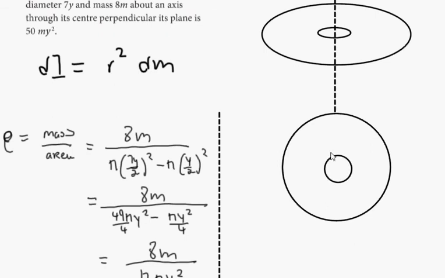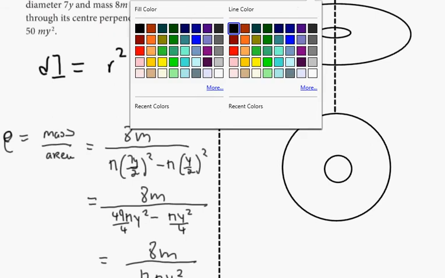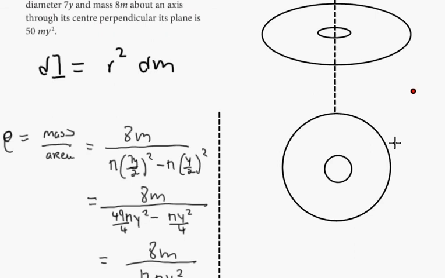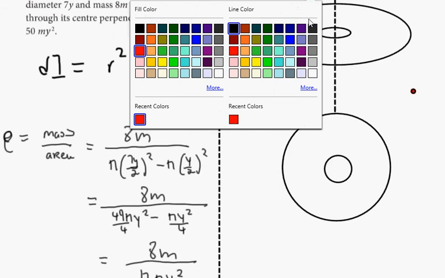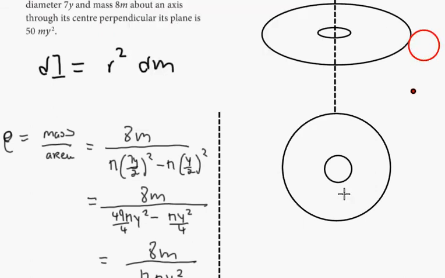Now what I need to do, and I'll do it as a red circle here, is show you where it is. It's not a filled in circle now. Don't know why it's doing that. Okay, let's try this again. There we go.